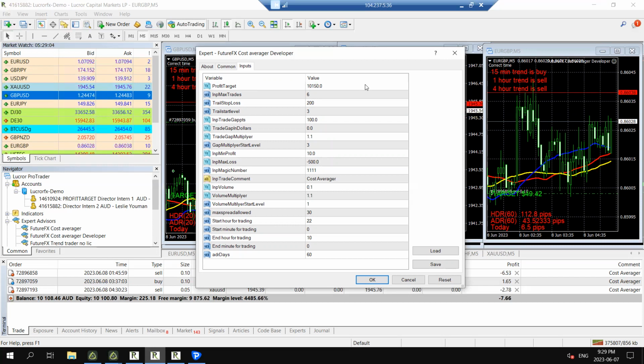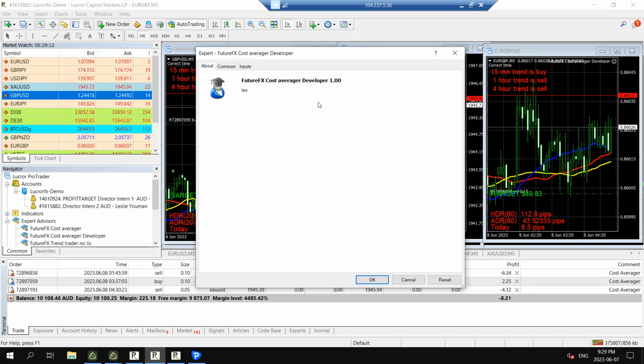Otherwise, the software won't even stay on the chart. My version doesn't need that because it's mine. So the version I'm talking about, though, is Future FX Cost Averager, version 2.40.